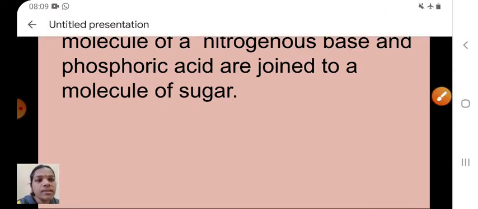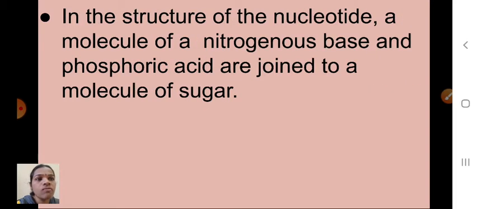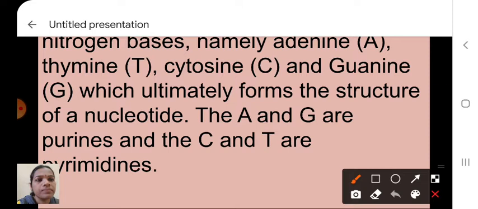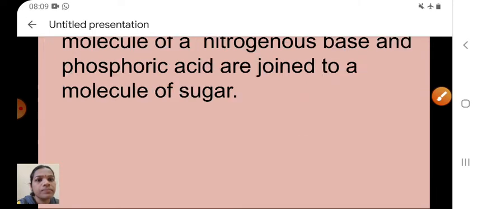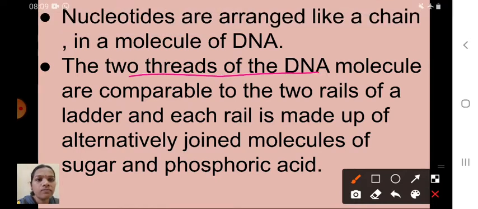Okay, children, next one is, see here, nucleotides are arranged like a chain-like structure in a molecule of DNA. Okay, so the two threads of a DNA, that means two strands of DNA, so here, children, the two threads of the DNA molecule are comparable to the two rails of a ladder.